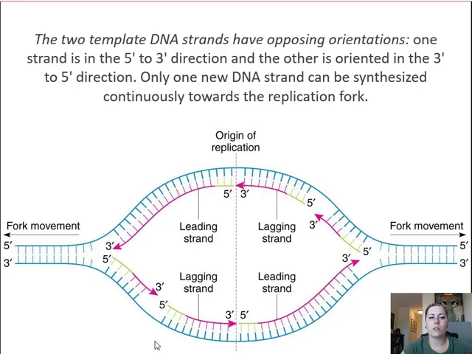Only one strand can be synthesized continuously towards the replication fork. That would be this leading strand, so the longer strand over here. Notice though, it still requires a primer to be added in order for it to be built, but it's a long continuous strand.